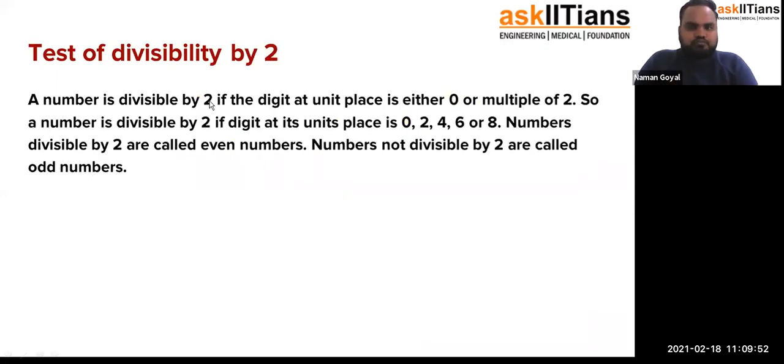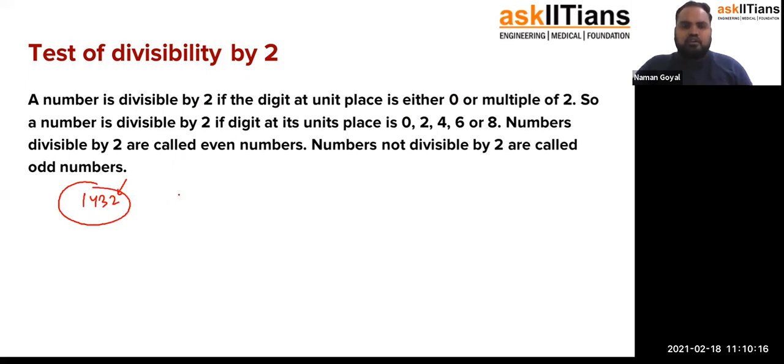Now for 2, the unit digit must be either 0 or a multiple of 2. For example, if I write down 1432, we have to check only the unit digit. If the unit digit is either 0 or a multiple of 2, then it is divisible by 2. So this number 1432 is divisible by 2.